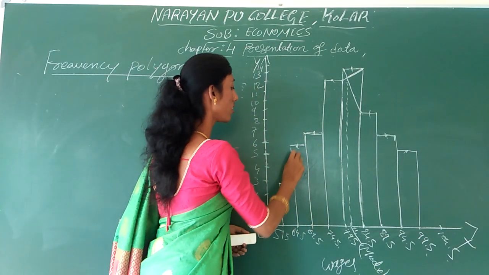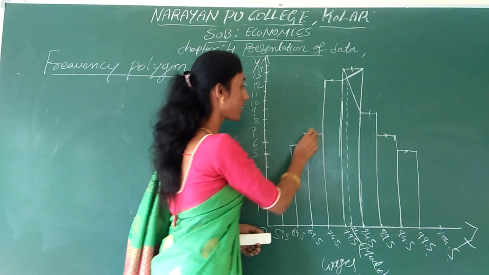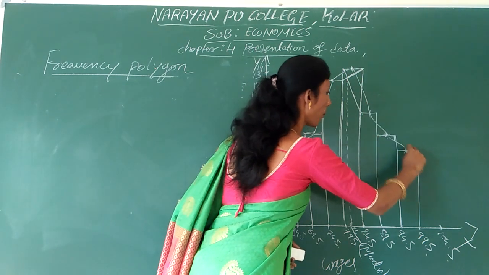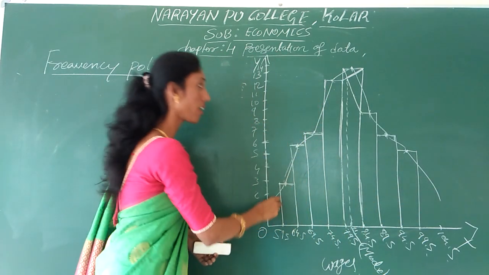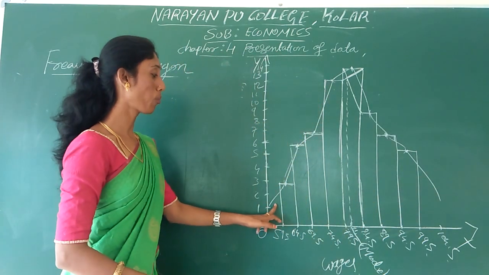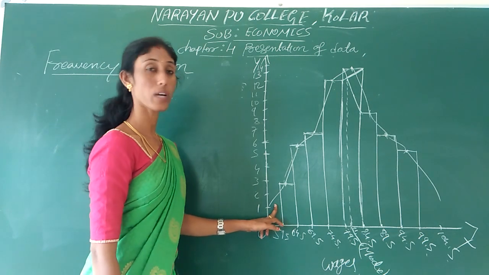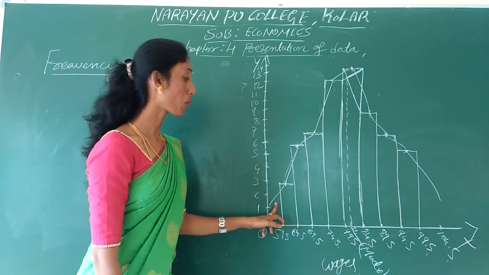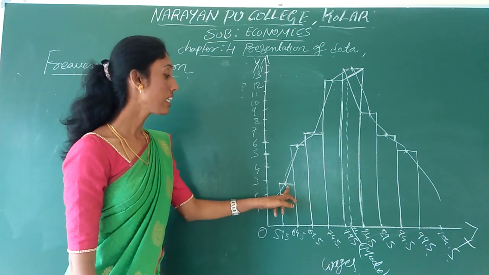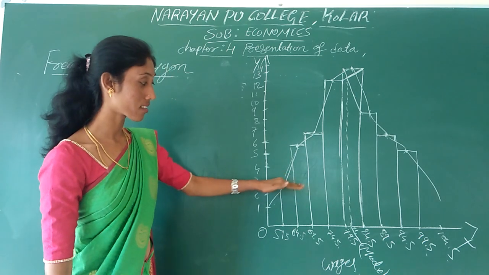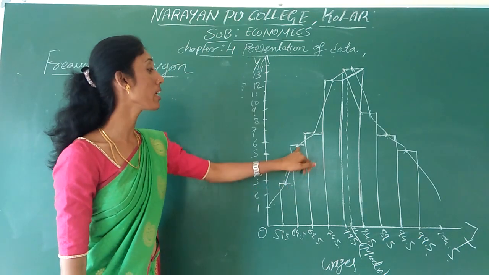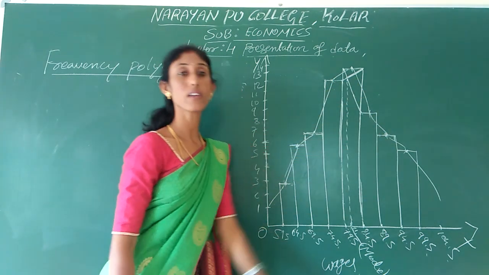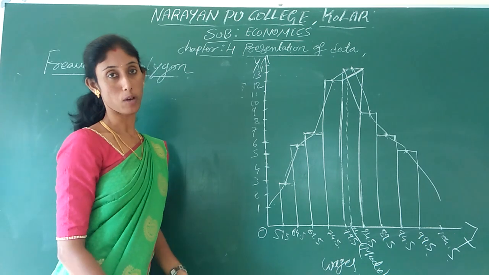By joining all these midpoints, we can easily obtain the frequency polygon. That's why it is an alternative to the histogram. Each rectangle's top side midpoint will be joined with a line or a curve, and that is nothing but the frequency polygon.